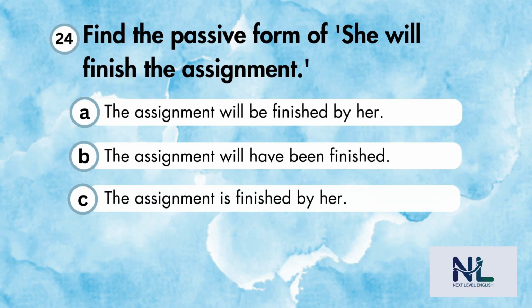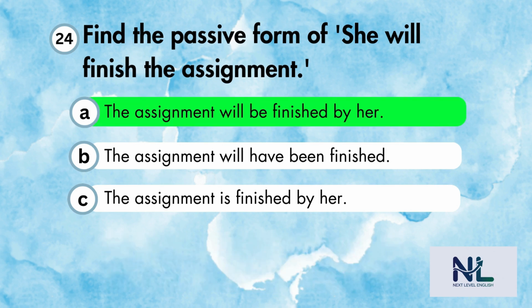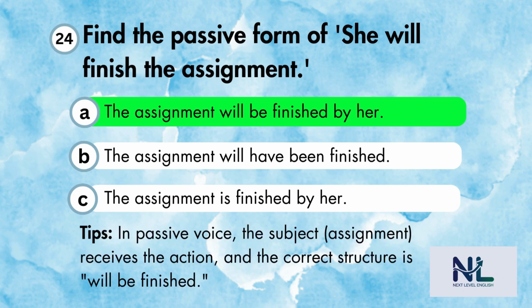Find the passive form of she will finish the assignment. The assignment will be finished by her. Tips: in passive voice, the subject, assignment, receives the action, and the correct structure is will be finished.